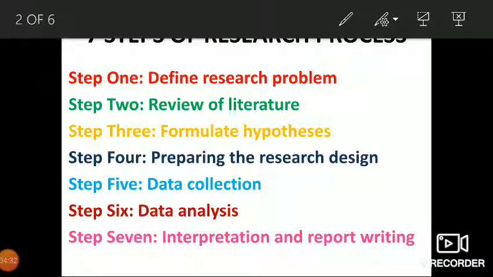The problems of research are categorized into 2 types. The first type: the problems may be related to the status of the nature, and the second: they may be related to the relationship between the variables.